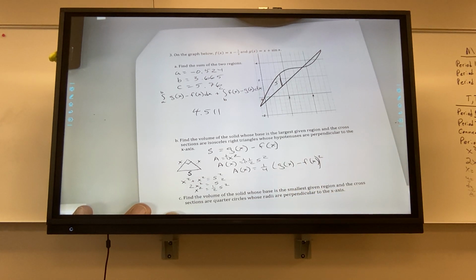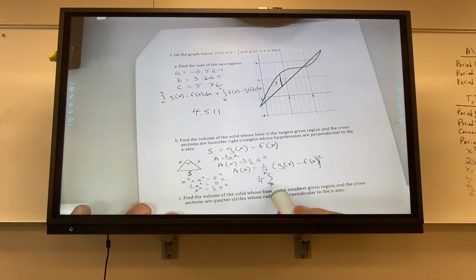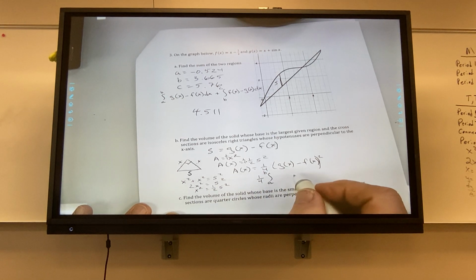So again, I'm gonna integrate from A to B. I have 1/4, I've already defined what A and B are, and I already know what g of x and f of x are.